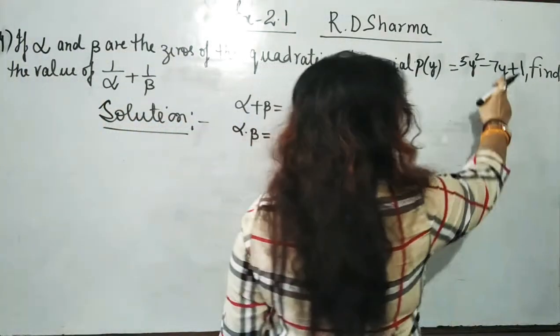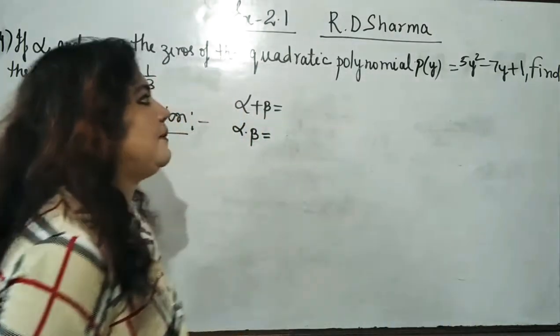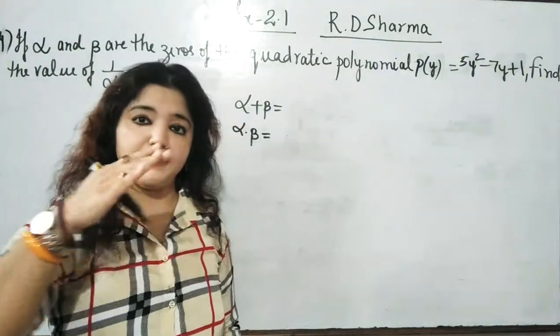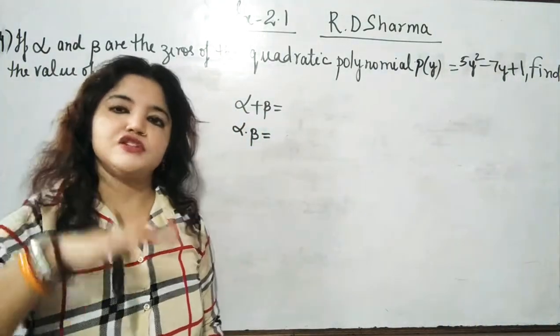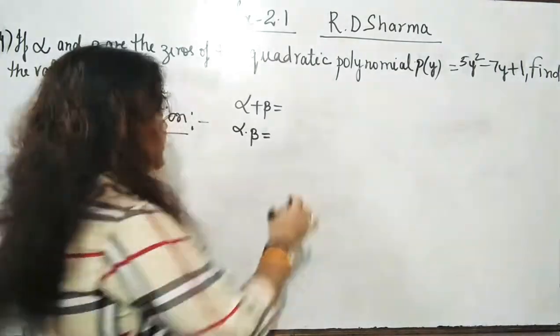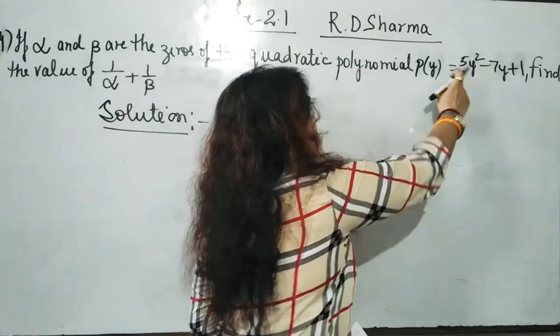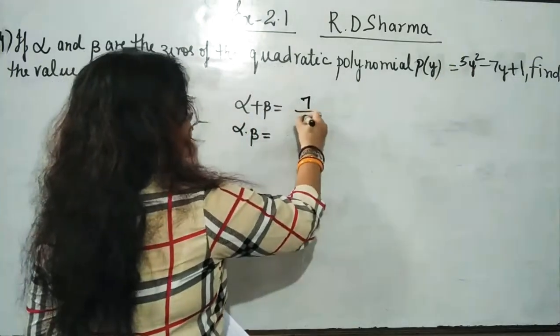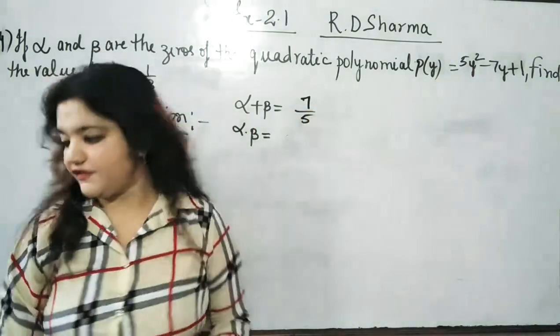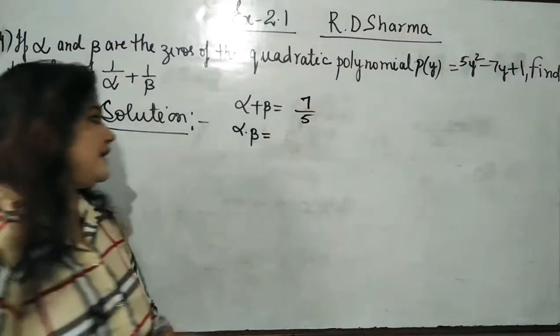The coefficient of y is minus 7, but minus we already have in the formula, so minus will become plus, and it will become 7, upon the coefficient of y squared, that is 5. So 7 by 5.